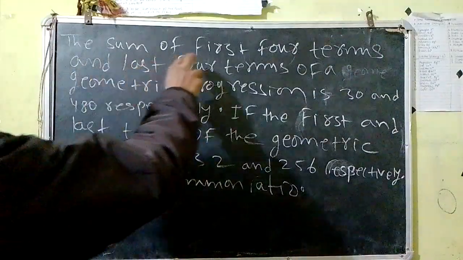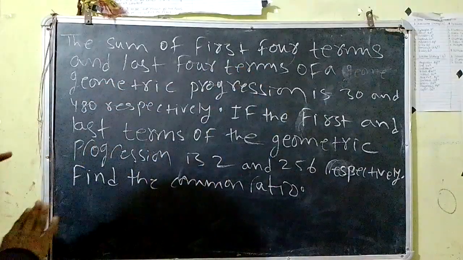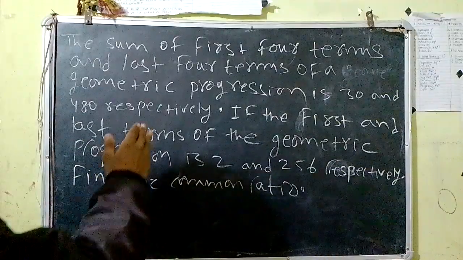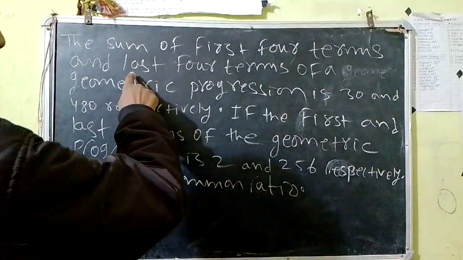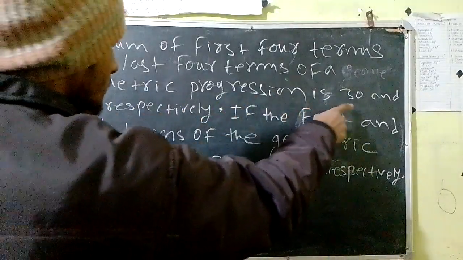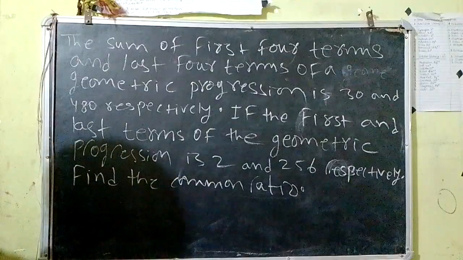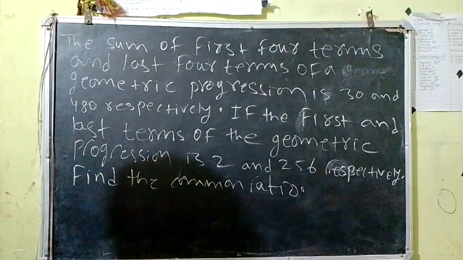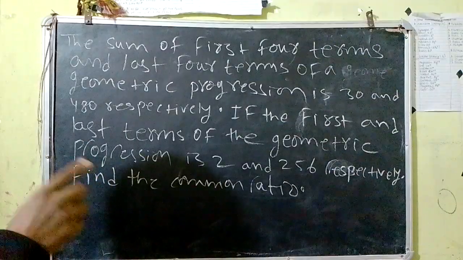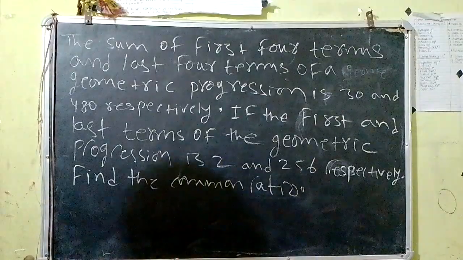The sum of the first 4 terms and the last 4 terms of a geometric progression is 30 and 480 respectively.